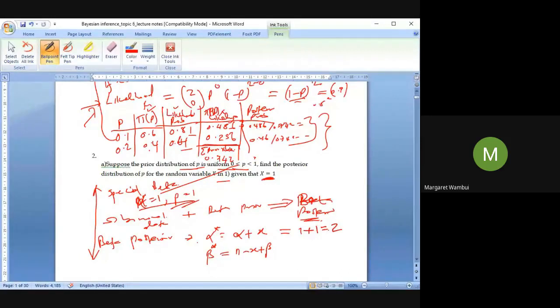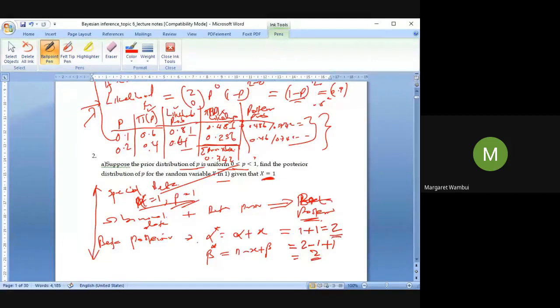So it becomes our new value for alpha. Then for beta, it will be equal to our n, which is 2. We subtract 1. Is it minus 1? I hope so. And then we add 1, where 1 is our beta, and therefore 2 minus 1 is 1, plus 1, and we end up getting 2.